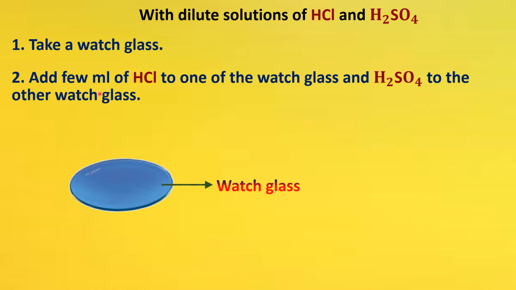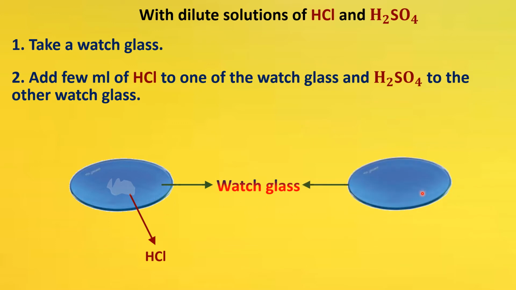Okay. So first I'm taking dilute hydrochloric acid into this, a few ml or a few drops of the dilute HCl. Okay. So here I am taking a few drops of dilute HCl into the watch glass, right? Now this is dilute HCl. Now we'll take another watch glass.